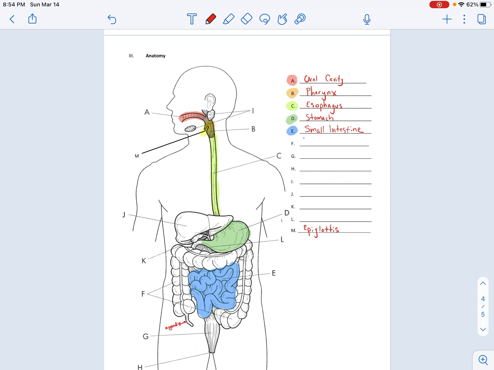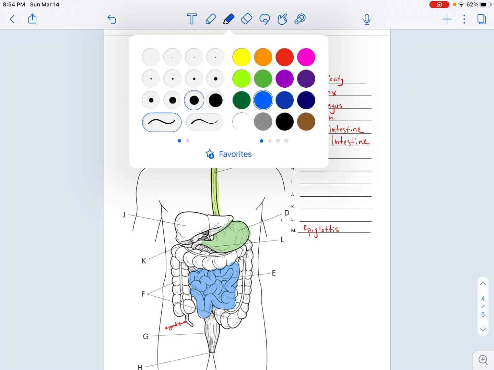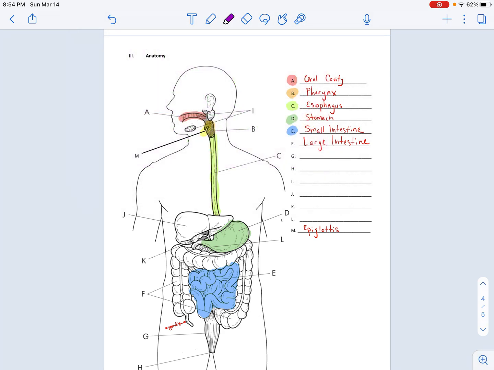F is large intestine. And again, remember diameter. The large intestine is larger in diameter than the small intestine. We'll color that a lighter, actually, we'll do a darker purple or darker blue.